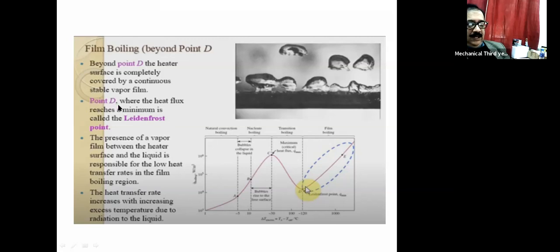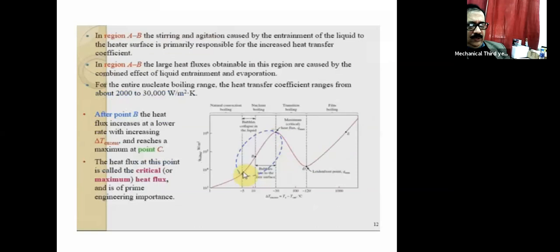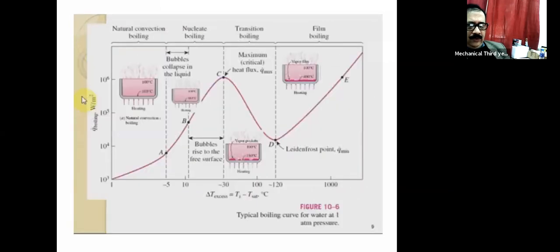From D, the point where the heat flux reaches a minimum is called the Leidenfrost point. So this particular point where the heat flux reaches the lowest value is known as the Leidenfrost point.